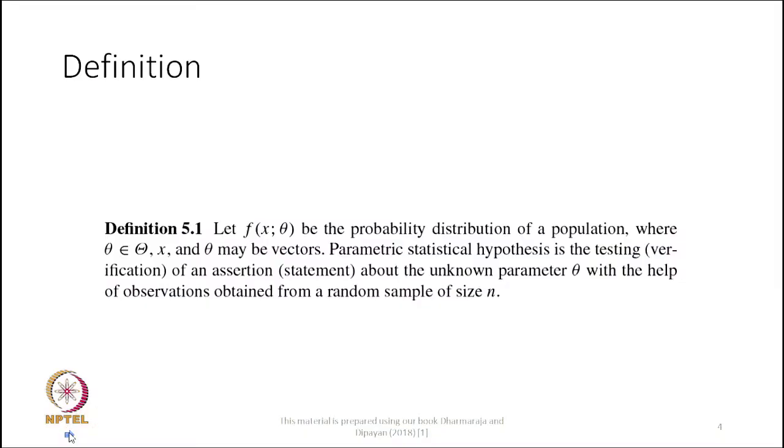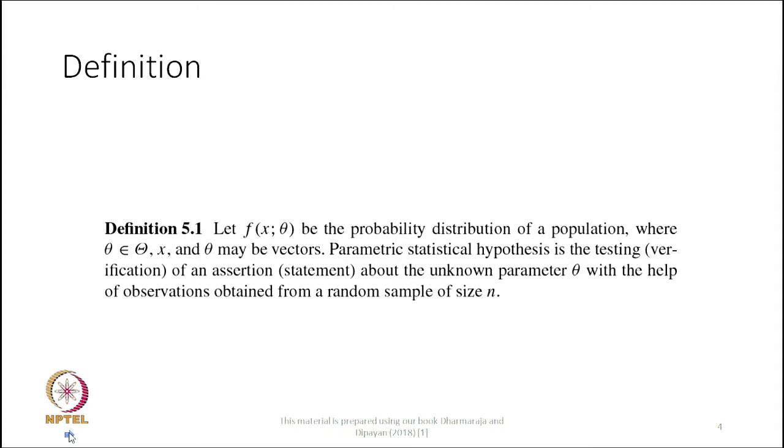So, we start hypothesis testing with the assumption of a distribution for the population. That means obviously there is a parameter involved with each distribution. Therefore, small f of x comma theta is the probability density function of a population with the parameter theta. There is a possibility theta can be a vector also.